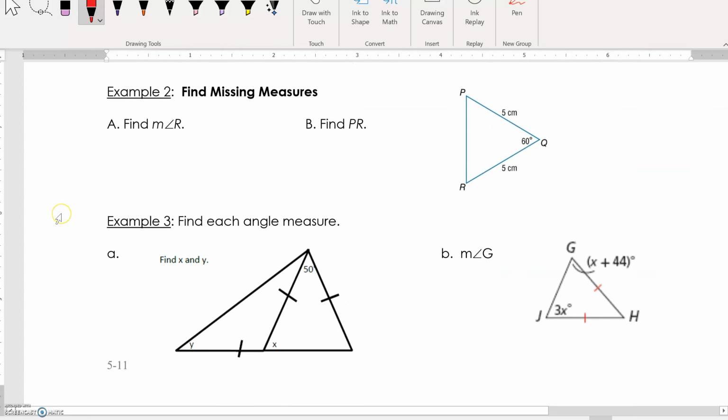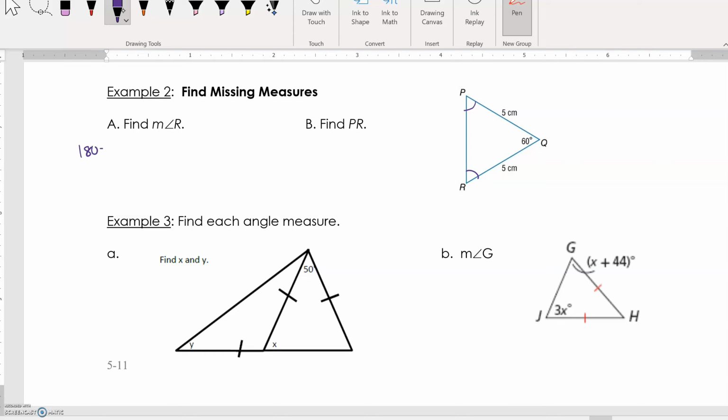So here we have find the missing measures. Find the measure of angle R. Well, right off the bat, as we look at this, we see that these two sides are 5 centimeters, which means that angle P and angle R are congruent. To find them, we would say 180 minus 60 and then divide that result by 2.